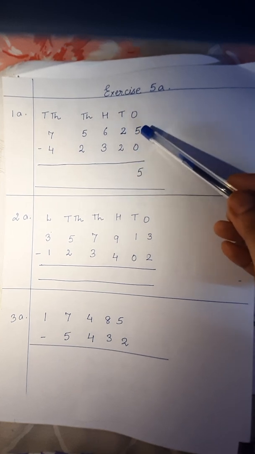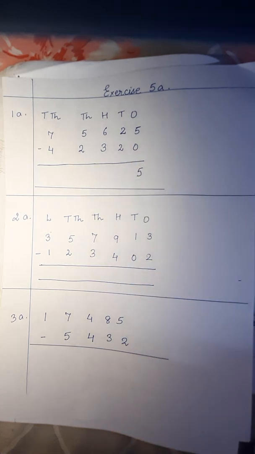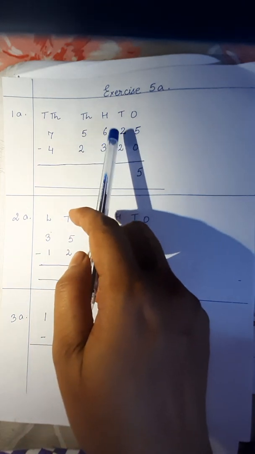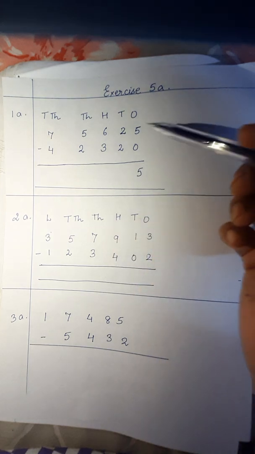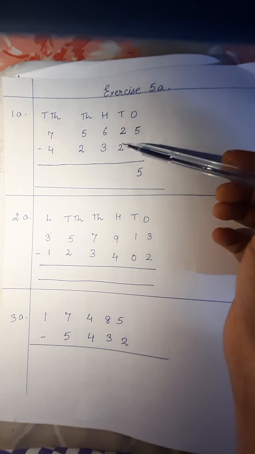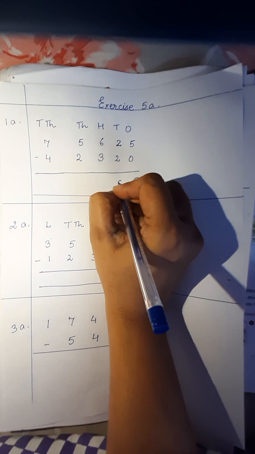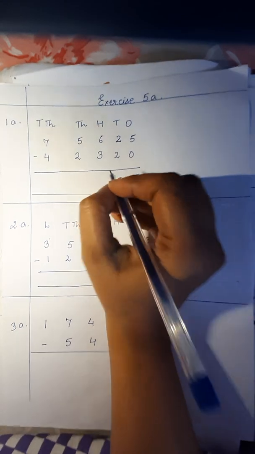So when 0 is subtracted from 5, what will be your answer? 5. Then we will move to the next digit, that is at tens place. What digits do we have? We have 2 and 2. Both are the same number. So when you subtract these two numbers, what will you get? 0. So you will write 0 here.